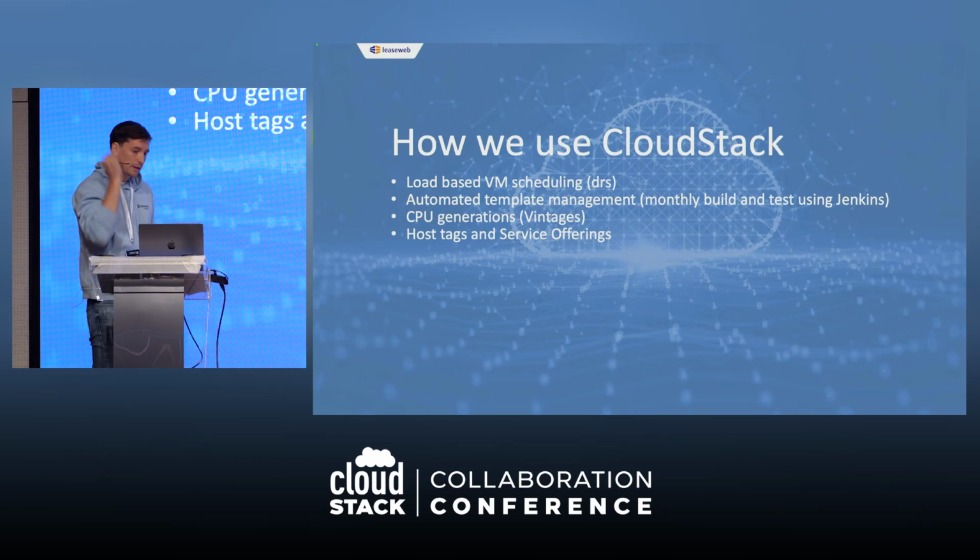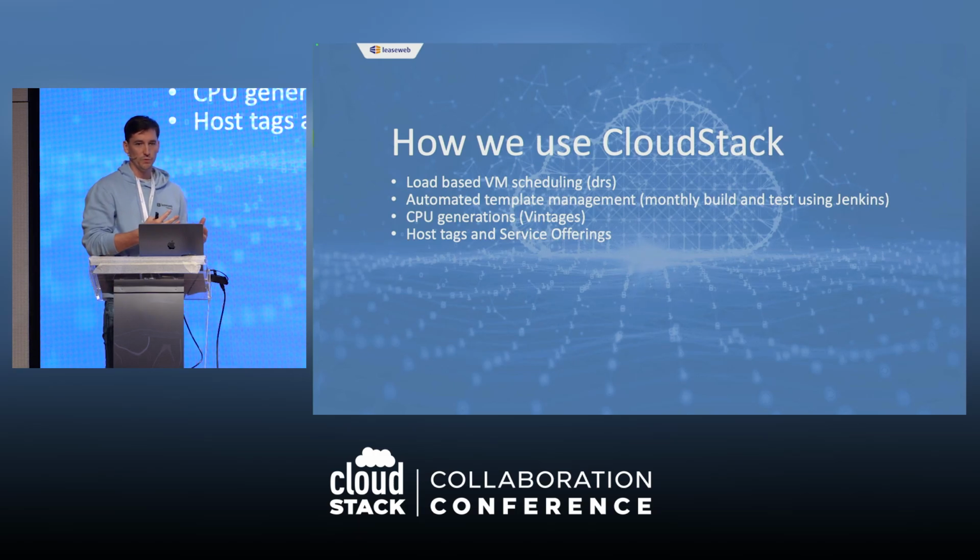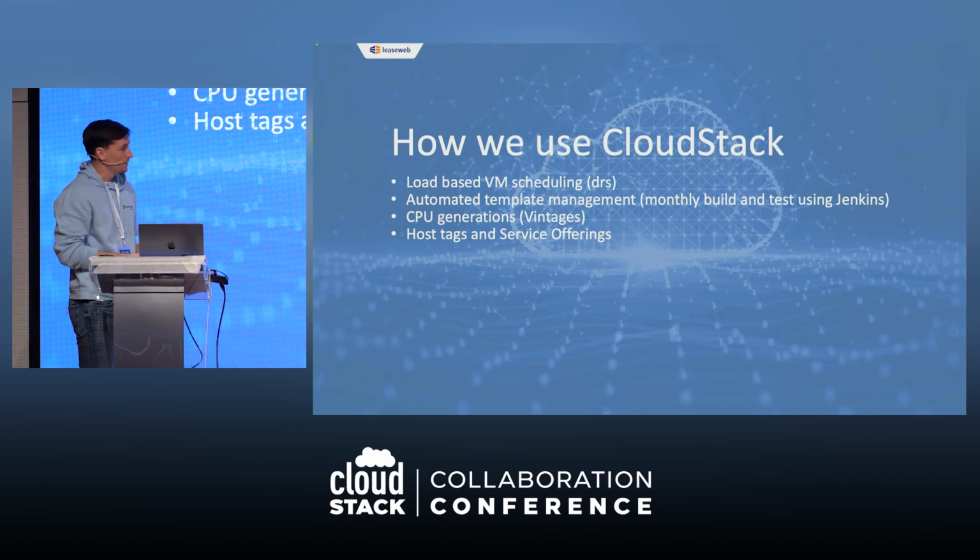But what we do see lately is CPU load is very fluctuating. So we are looking at how we can further improve it to maximize all the hardware that we have, also in terms of efficiency, being able to actually maximize all the compute power that we have for the VMs.